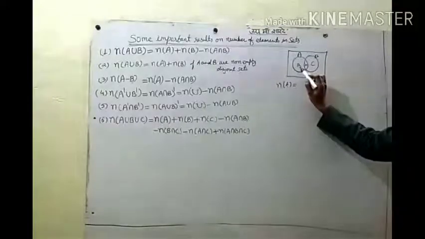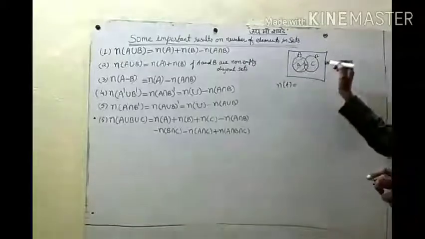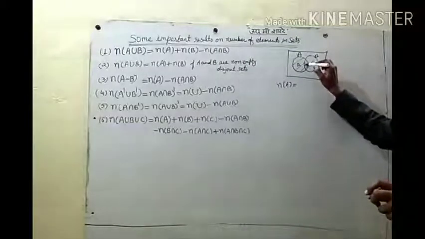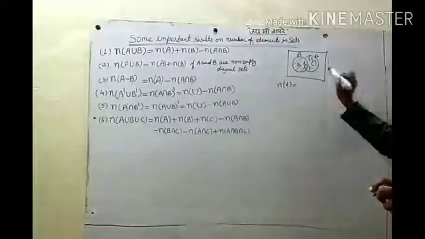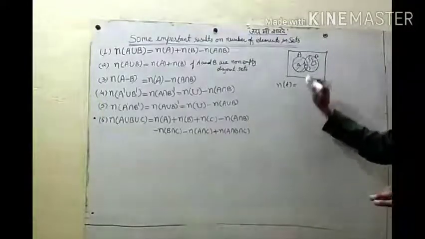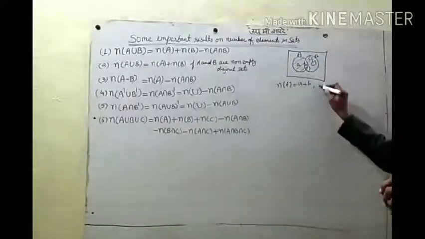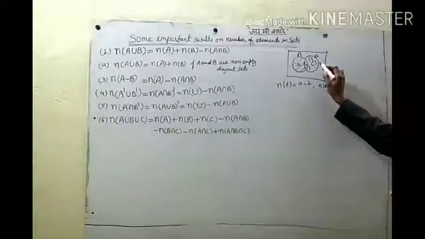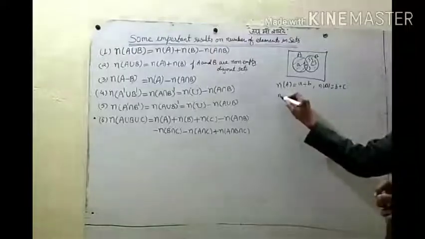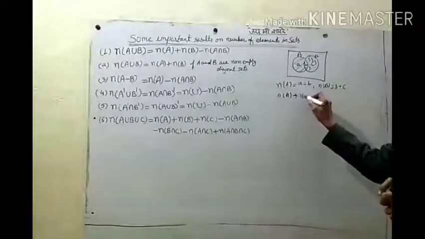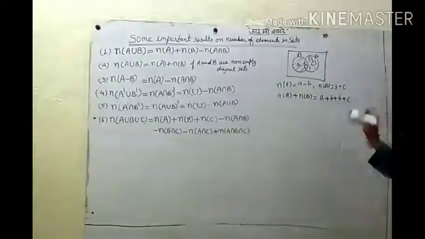This a denotes the number of elements in this portion, b is the number of elements of this portion, and c is the number of elements in this portion. Okay? So the number of elements in A will be a plus b. Elements in B, so B has b and c elements, b plus c. If we add the number of elements in A and elements in B, what do we get? a plus b plus b plus c.